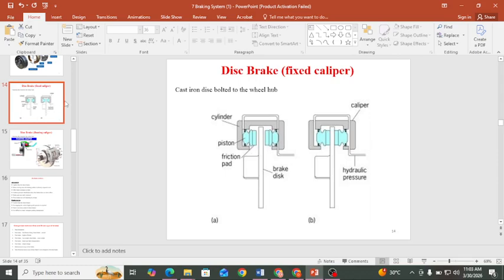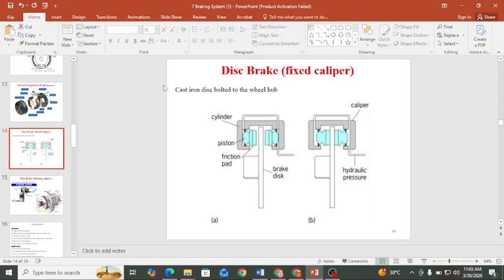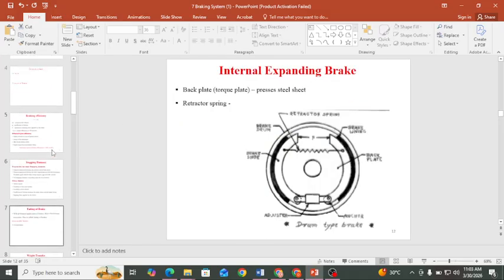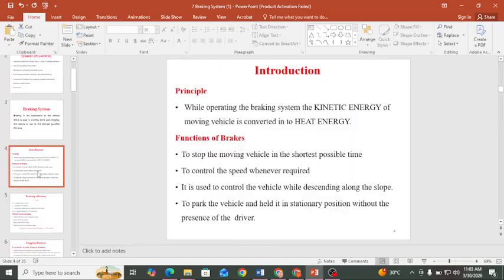What we discussed in the last lecture: we discussed the important parts and these principles. The principle we can apply is that the kinetic energy of moving vehicles is converted to heat energy, and this heat energy is used to stop and control the vehicle.